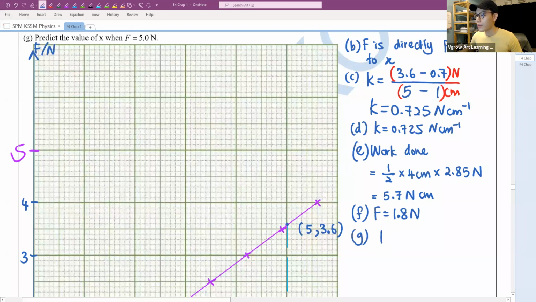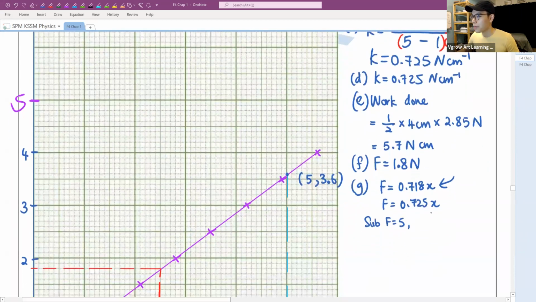It was F equals to, your one will be 0.718, the K, X. My one will be F equals to 0.725X. Okay, you follow your own one. And now we're going to say that F is equals to 5.